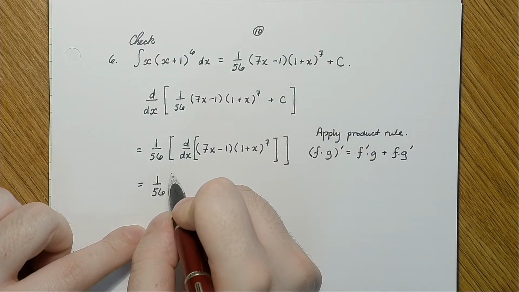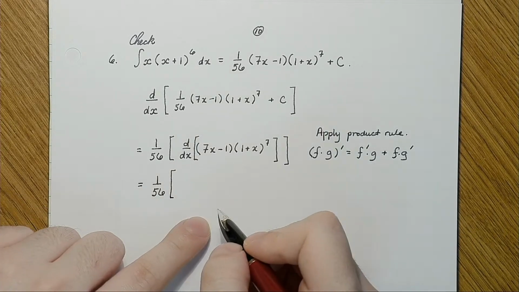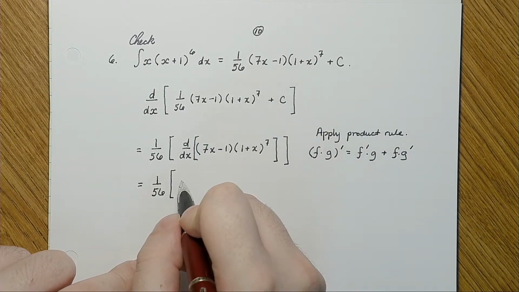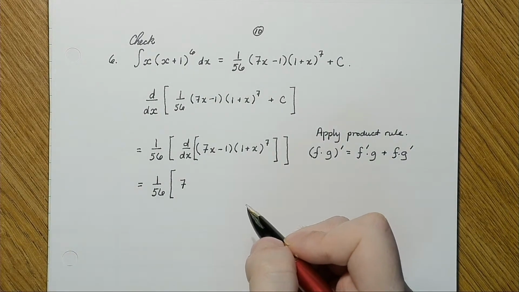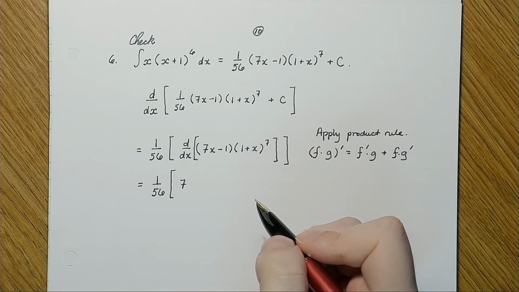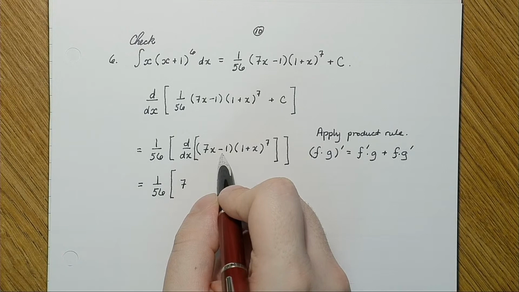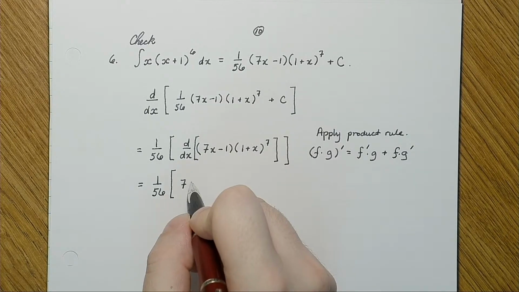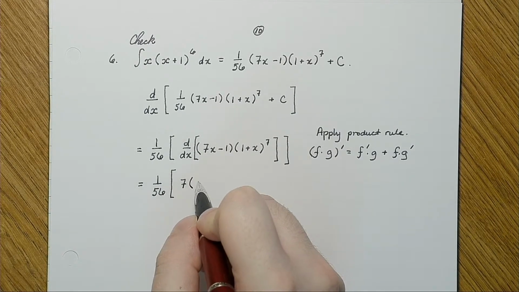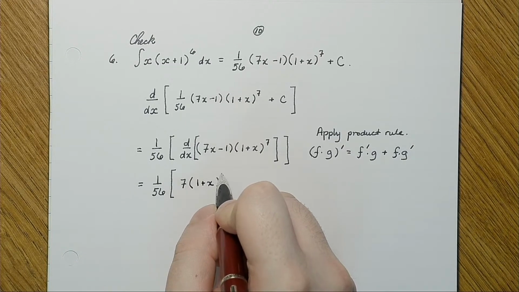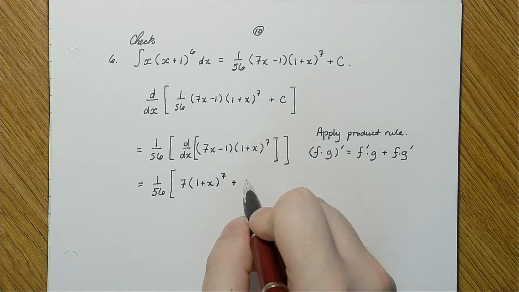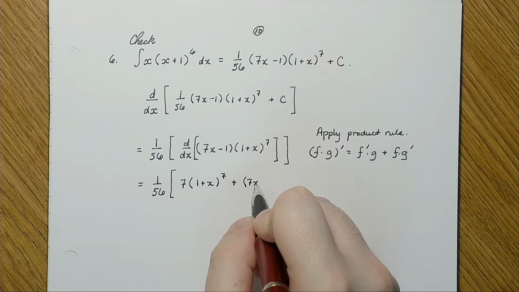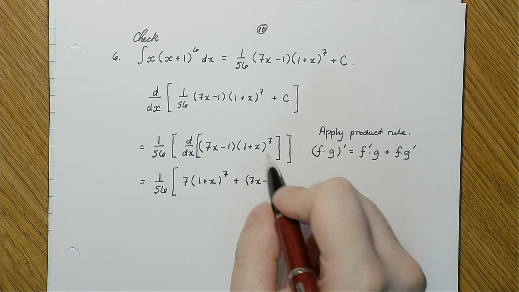So that means the derivative of the first function, so that's just 7. Is everyone okay with that? 7x minus 1, so the derivative of that is just 7, times the second function unchanged, plus the first function times the derivative of the second function.